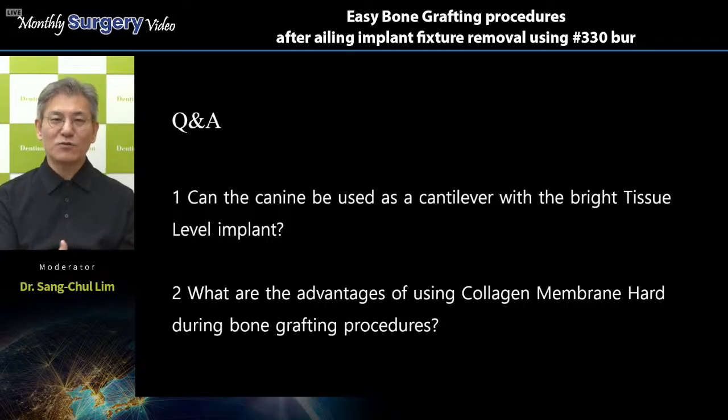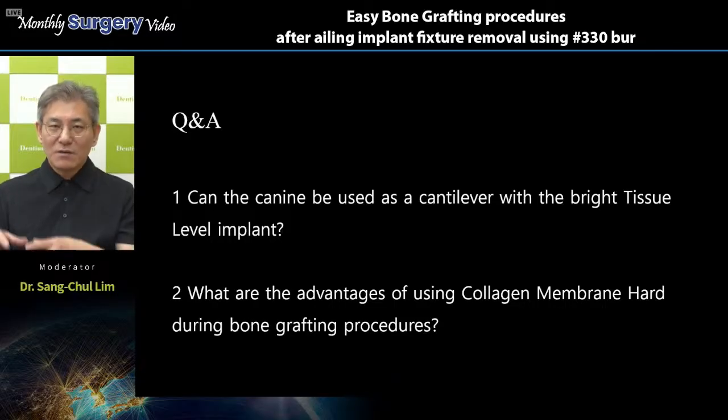So it is not enough for a big defect bone grafting situation, to make a GBR procedure succeed with a long-lasting, successful result, right? So that is why to use the hard collagen membrane.